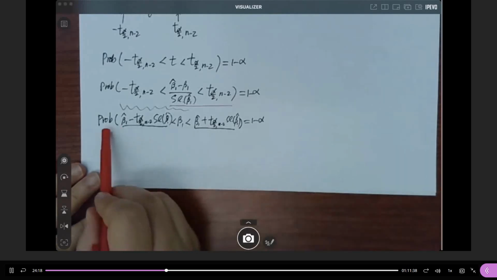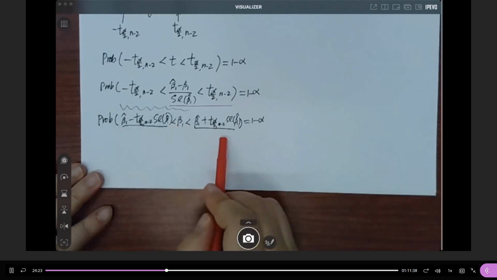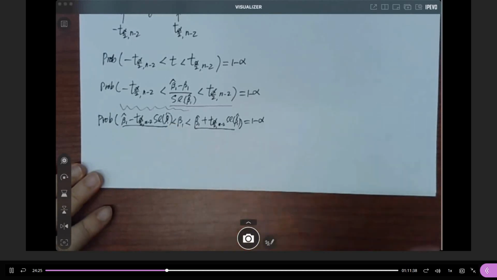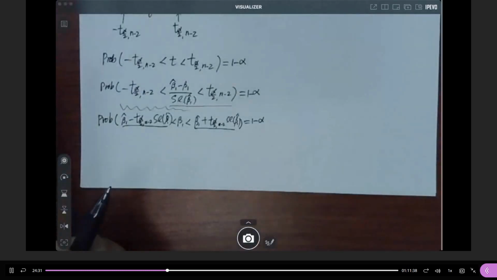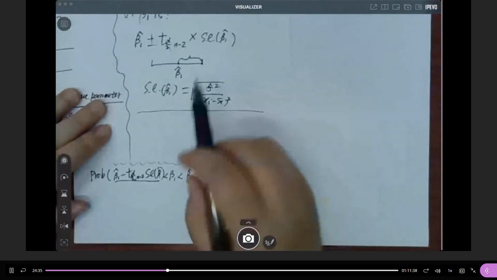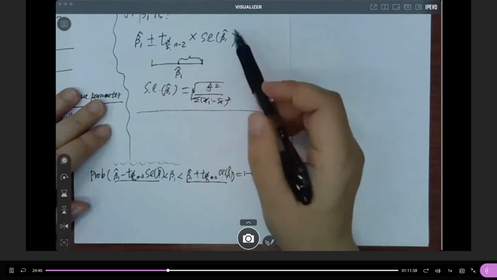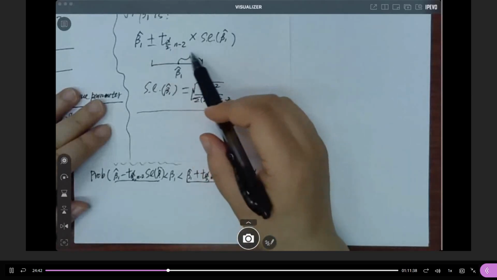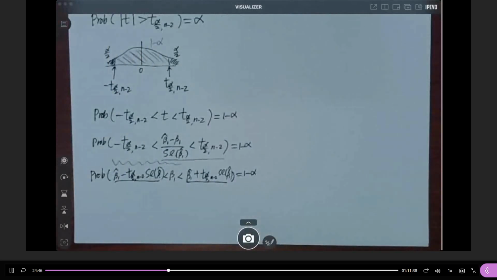Eventually you get the probability for beta 1 to be between this lower bound and this upper bound is exactly 1 minus alpha, okay? So this gives you the formula we have here: beta 1 hat plus or minus this threshold multiplied by this. Minus is for the lower bound, plus is for the upper bound. Okay, this is how we derive that.